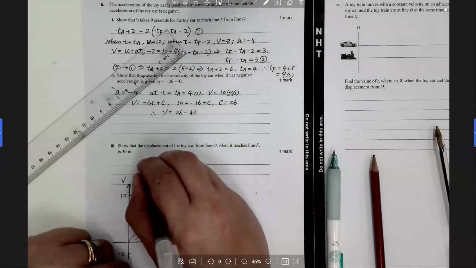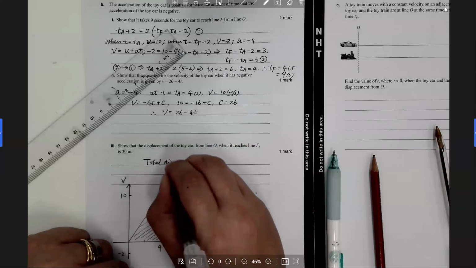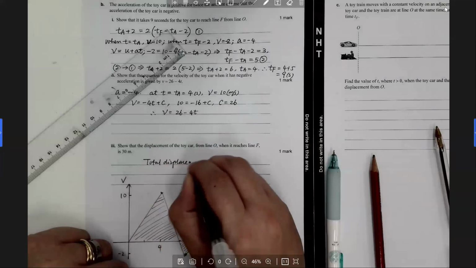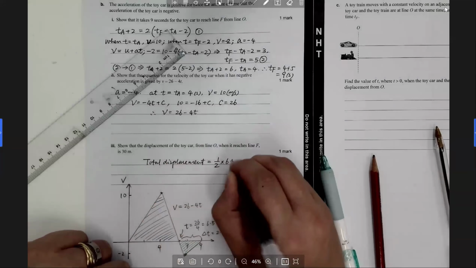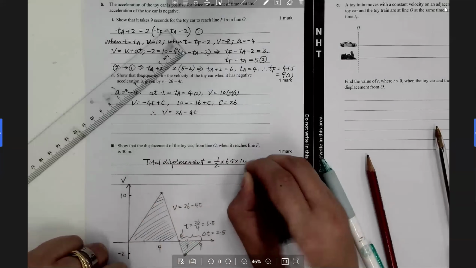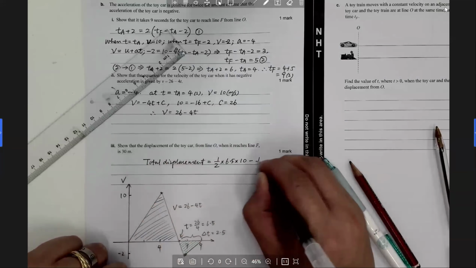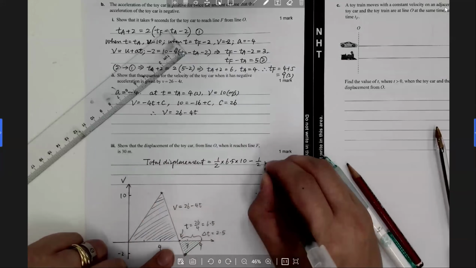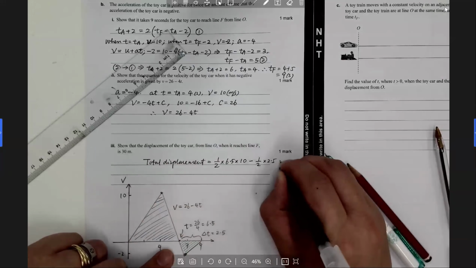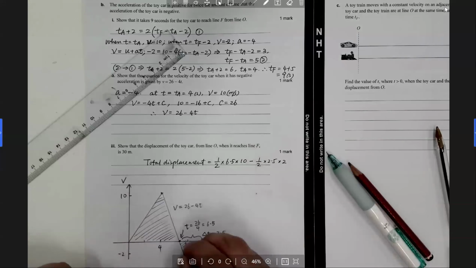Then we say the total displacement equals half times 6.5 times 10, minus, the reason why I put a minus is because this is a negative displacement, minus half times 2.5 times 2. That's the height of the triangle.